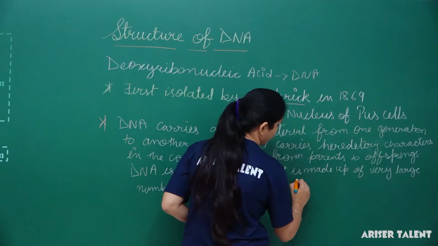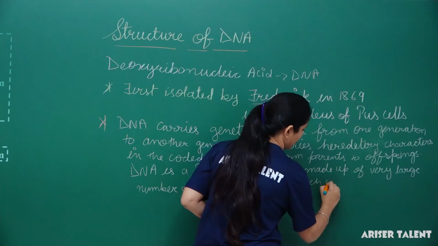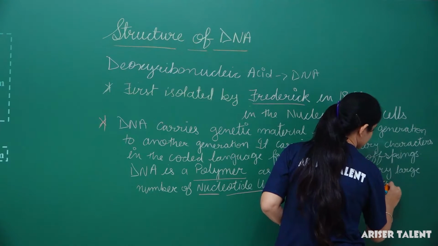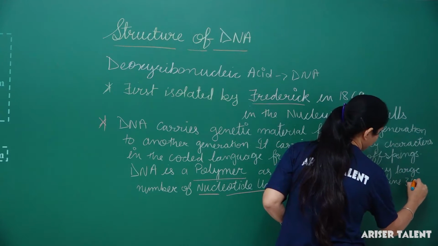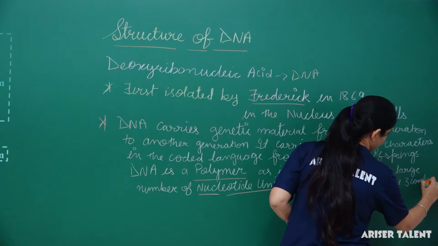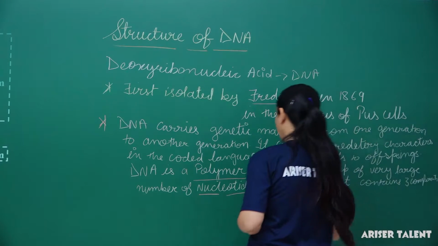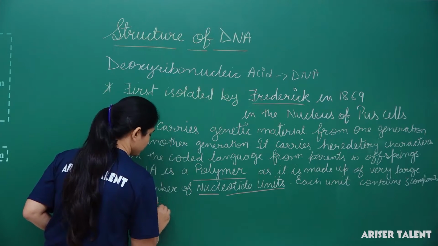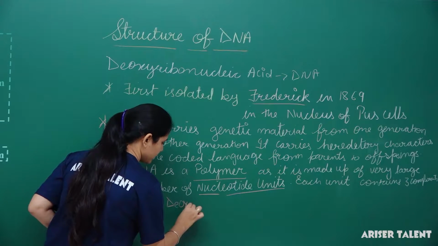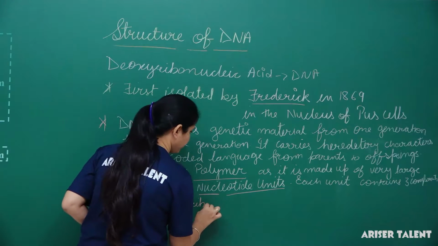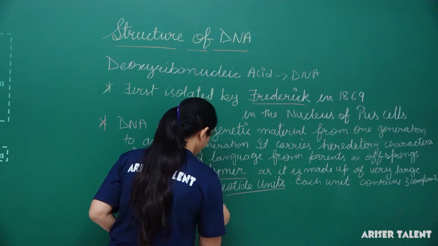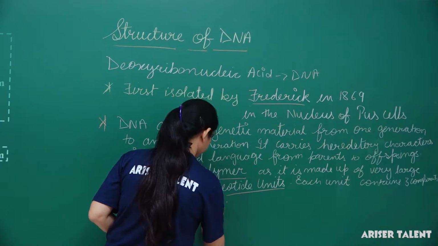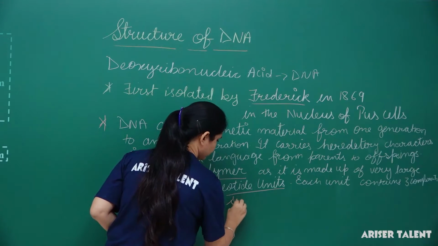Each unit contains 3 components. What are they? They are deoxyribose sugar.